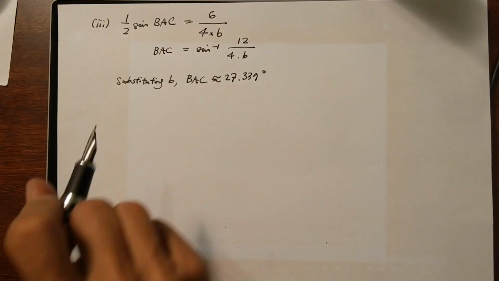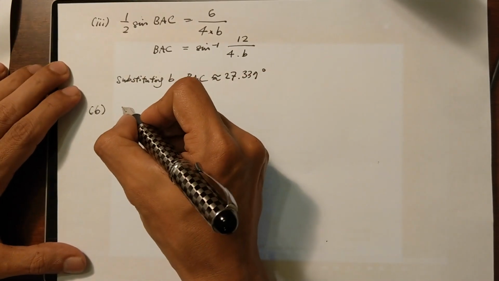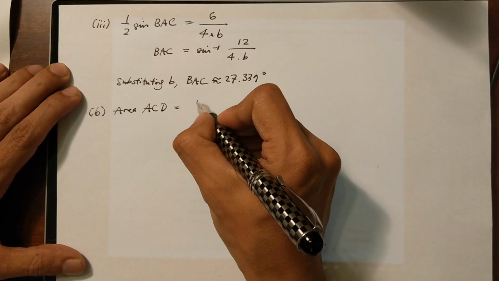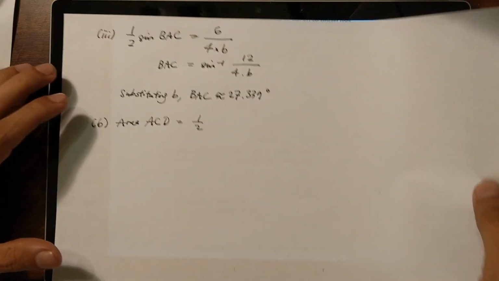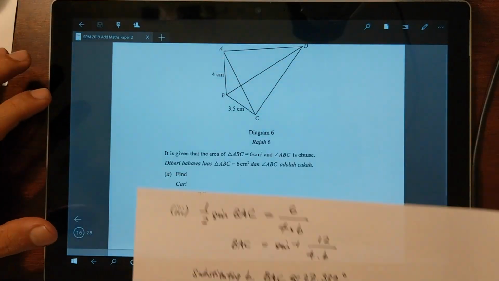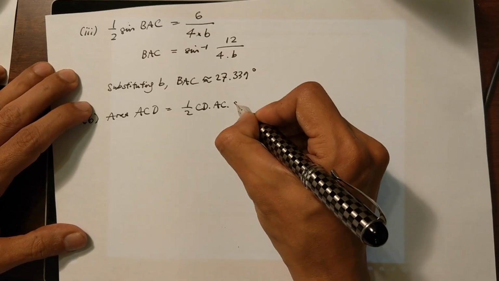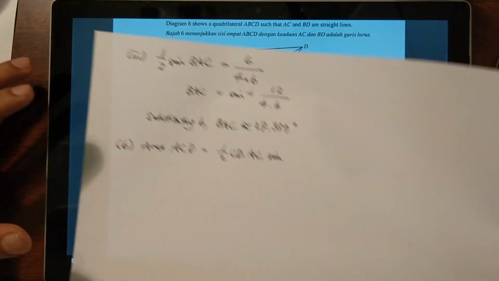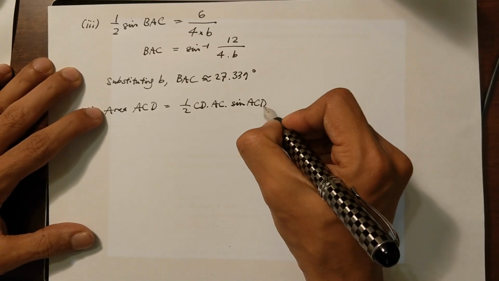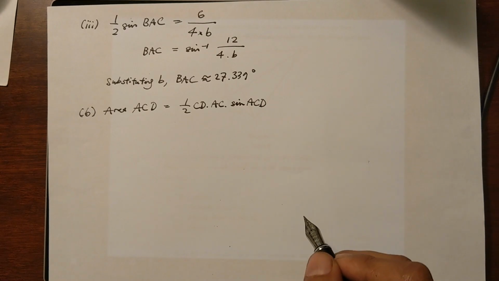Okay, so let's try this. Option B. So the area of ACD is equal to half of CD times AC times sine of the included angle, which is ACD. Alright, let's have a look.